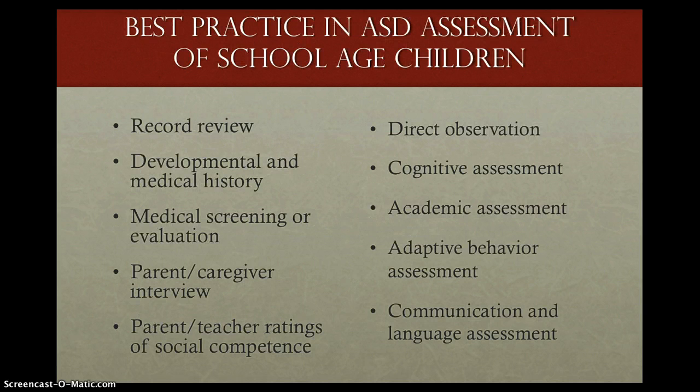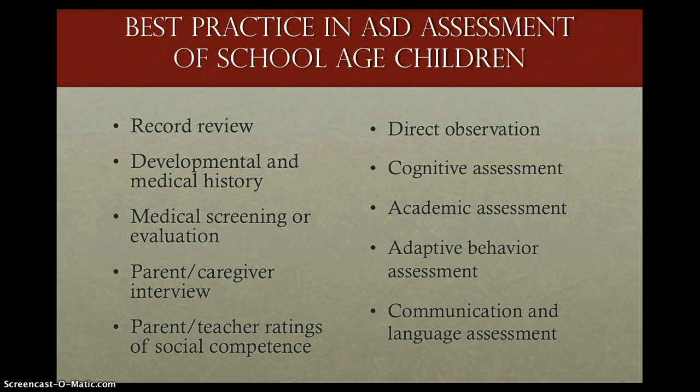Best practice in ASD assessment for school-age children includes this laundry list of things. And again, we are going to look at assessments at different ages. But minimally, you would be looking at a record review, all kinds of medical history information that you can find, or old evaluations. We already mentioned the parent-caregiver interviews, the teacher and parent both looking at social skills in different environments.